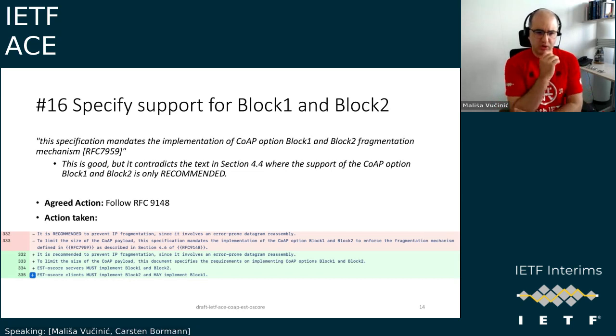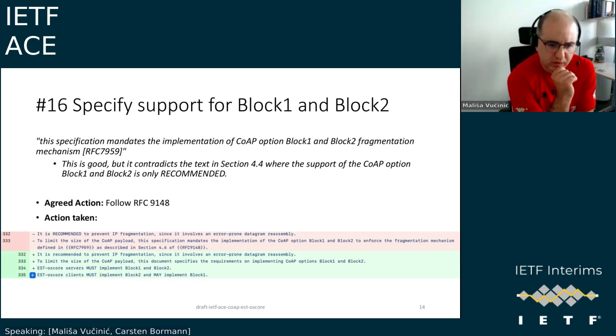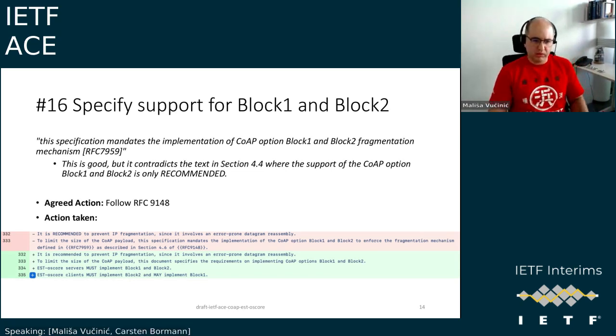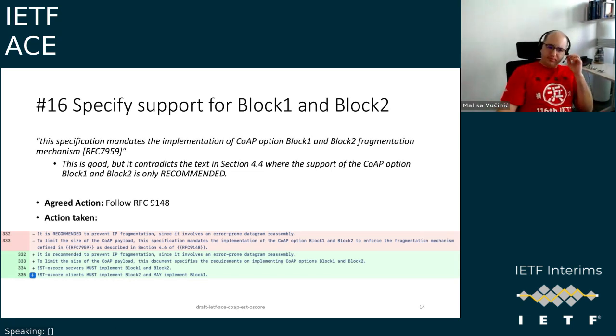This was the old text. If that is a restatement of something else, why not just say who originally said that? Okay, I see. I'll take an action item to explore this further and to editorially change the text on the recommendation on IP fragmentation.